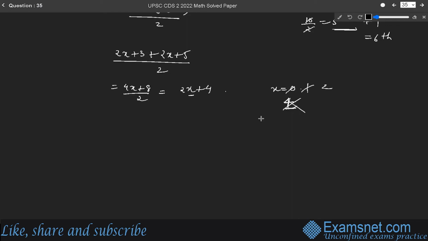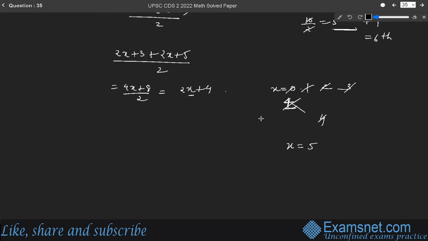Putting x equal to 2, we get 2 into 2, which is 4, plus 4, so we get 8. 8 is also less than 14. Putting x equal to 3, we get 10. 10 is also less than 14. Putting x equal to 4, we get 4 into 2, 8, and 8 plus 4 is 12. 12 is also less than 14.